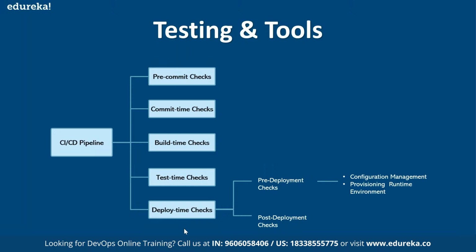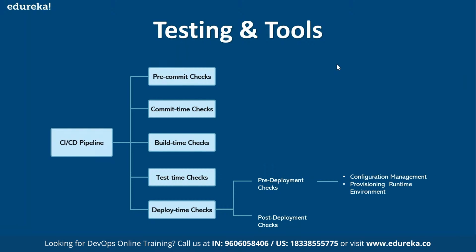In pre-deployment checks, you will have configuration management testing. Why is configuration management testing required? Let's say I'm picking a Chef hosted version of the configuration management. Is my Chef master hosted on the cloud or on premises?